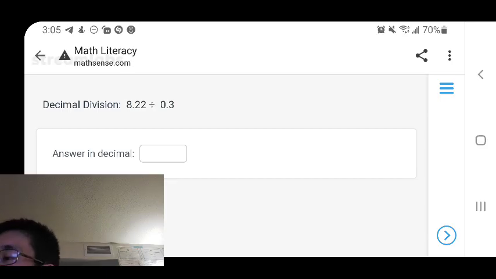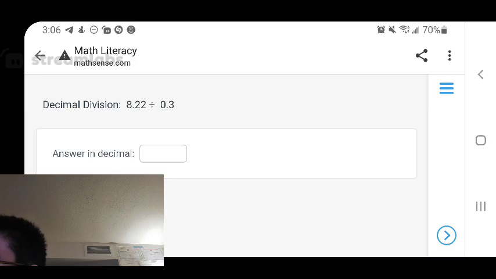This is number 19. Decimal division. Oh, interesting. What's easier? What I do here is I just times both sides by 10, and I do my long division. I like doing the 3 and the 82.2. Yeah, it's the same concept.